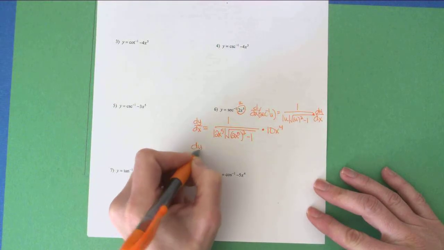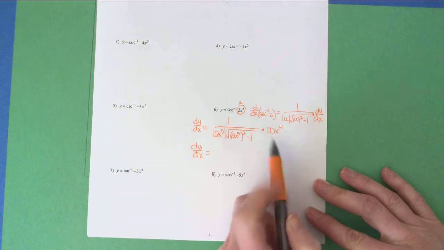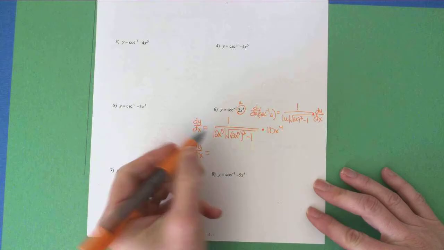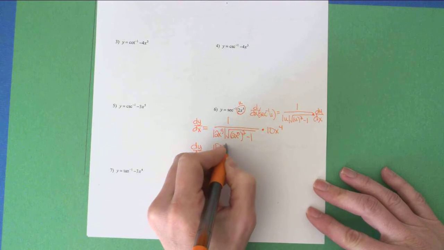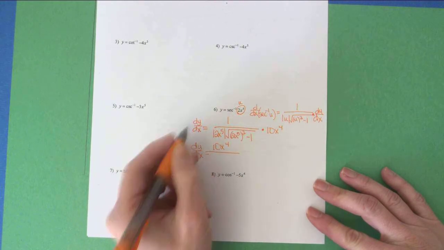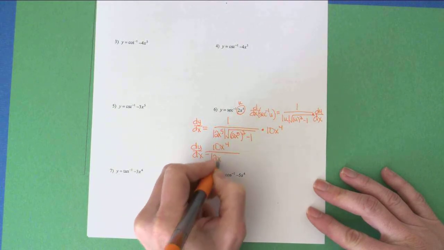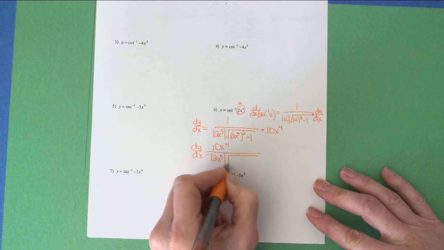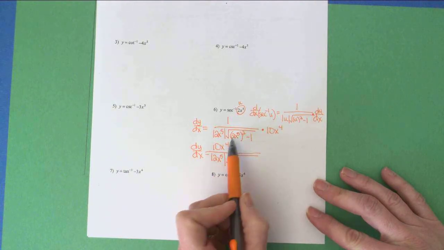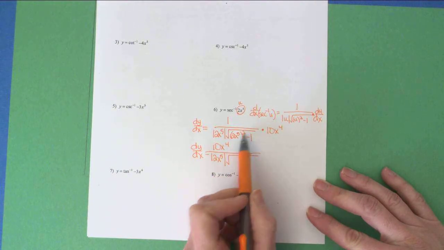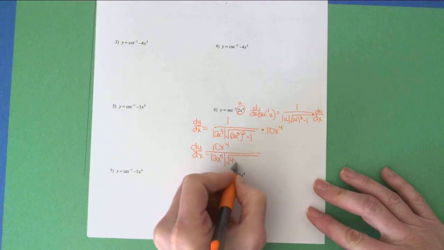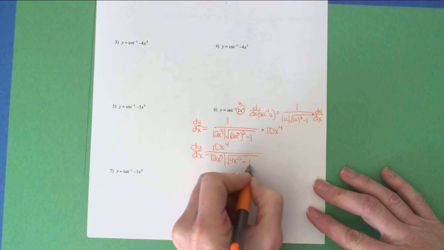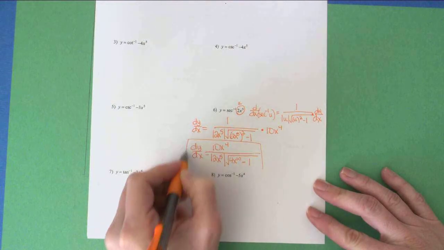Cleaning it up, I'm going to take 10x to the 4th times 1 to get 10x to the 4th. On the bottom, I'm just going to leave this as the absolute value of 2x to the 5th, and in the square root, I'm going to square this out. 2x to the 5th quantity squared is going to be 4x to the 10th, and then my minus 1. And this will be my final answer.